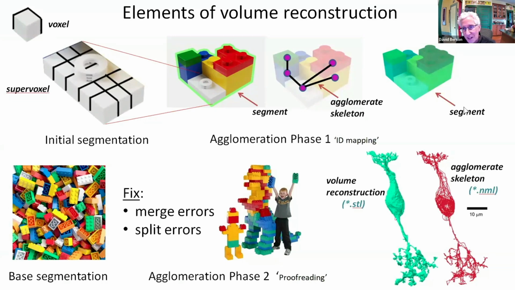Now, when Norman and the folks at Scalable give me the output of this, I've got a jumbled collection of these segments, and I have to fix the merge and split errors, right? If some of these blocks should be broken into their components, I can do that to make sure that we don't cross across membranes, but I can also merge things together like this to get much larger shapes like this dinosaur.